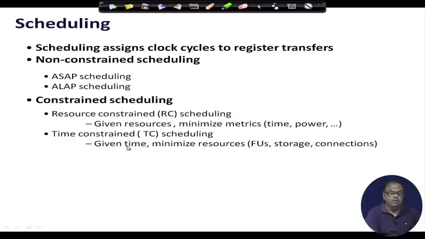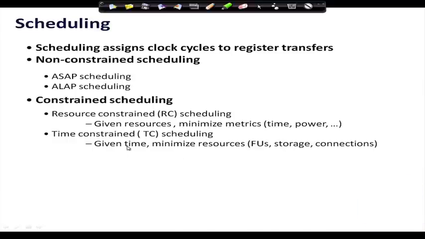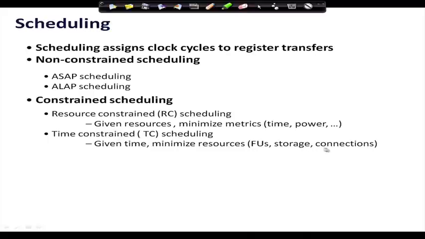We have to satisfy a particular time, and respecting that, we have to try to minimize the number of functional units, the storage connections, etc. In the resource constraint, the number of resources is already given to you. So, based on that, you have to see how fast you can do it and how we can minimize power, etc.